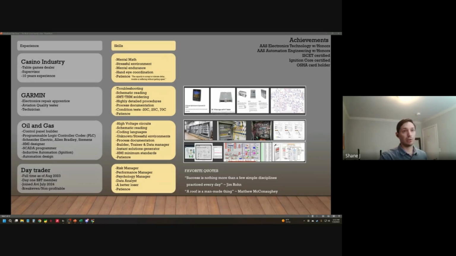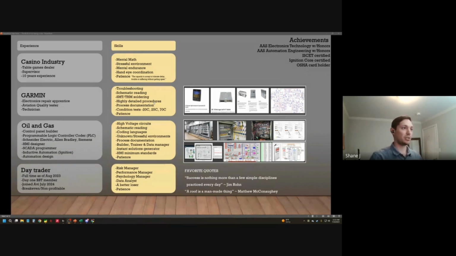Immediately, they were throwing us into troubleshooting and looking at schematics and everything that we'd learned, soldering techniques, highly detailed procedures. This was like trying to tell somebody how to test a $1,000 to $50,000 piece of equipment, but it literally has pages of just pictures and very bold text so simple, even a child could do it.